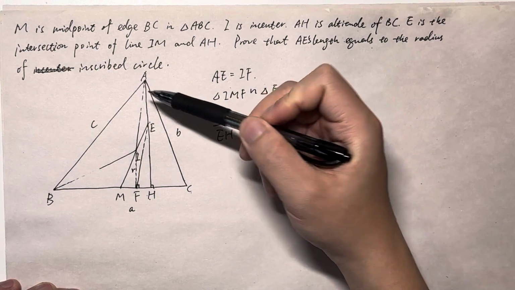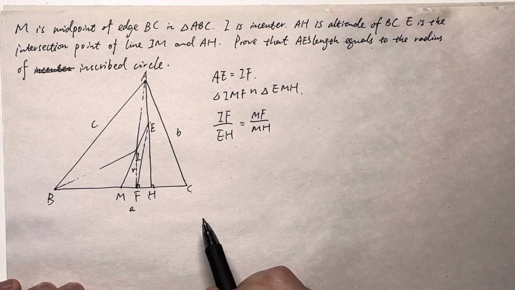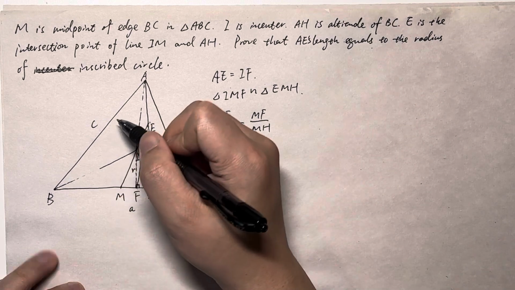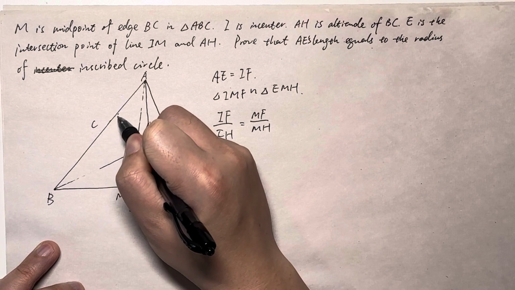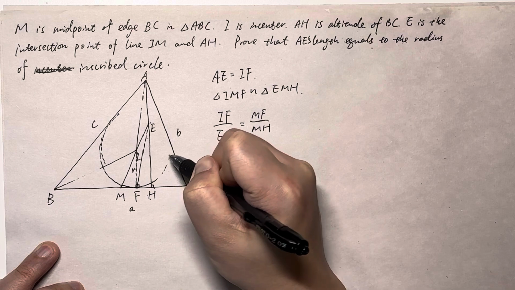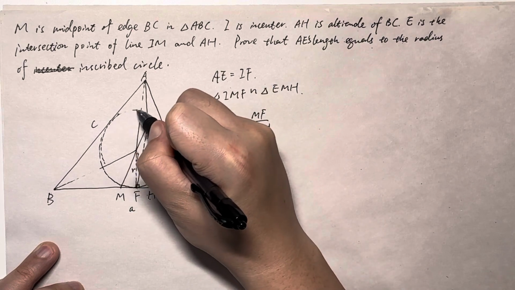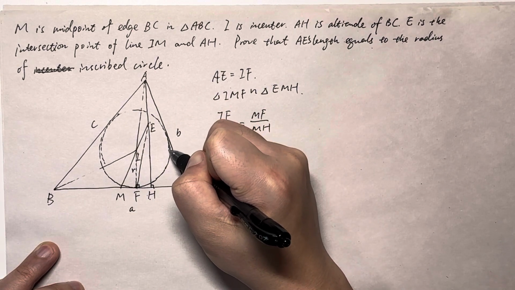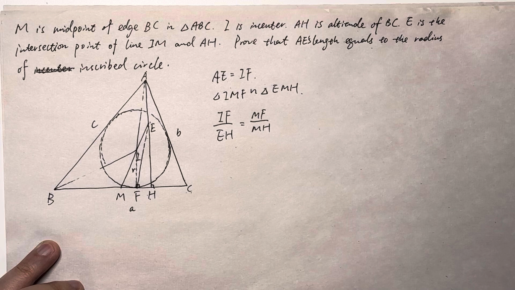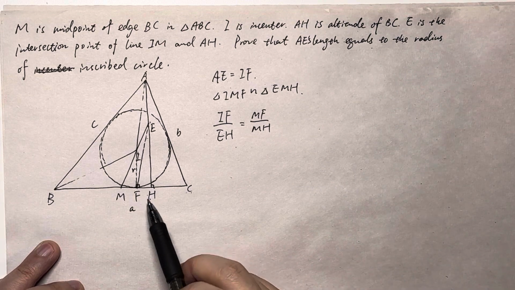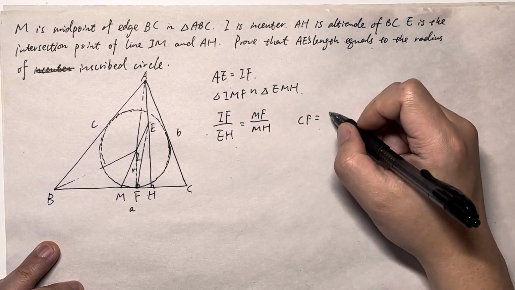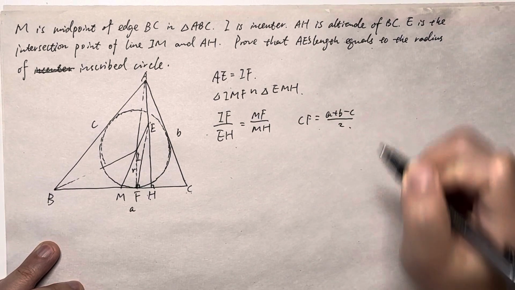And how can we calculate MF and MH? Let me draw the inscribed circle, then it would be easier to think. In the previous tutorial on the incenter property, we already introduced that CF equals a plus b minus c divided by 2.